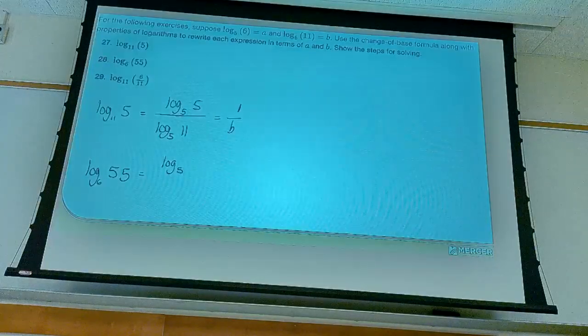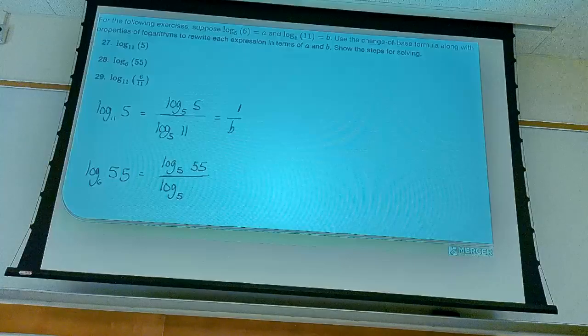These problems, yeah. So this is number 28 that I'm working on right now. Did they give us log base 5 of 55? No. Oh, but isn't 55 5 times 11?